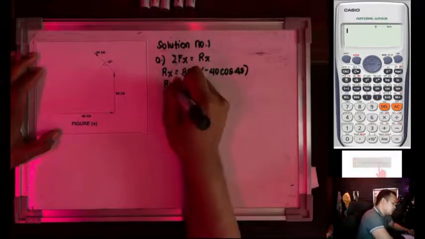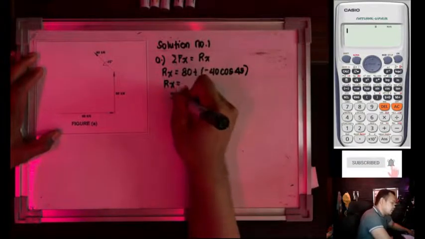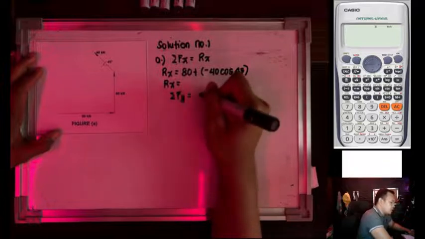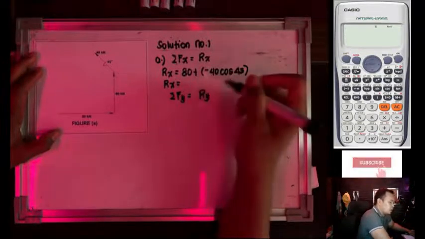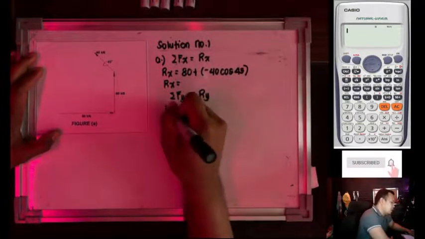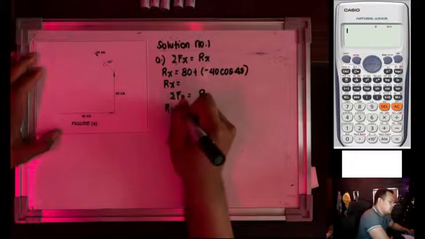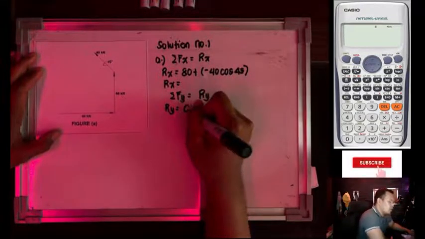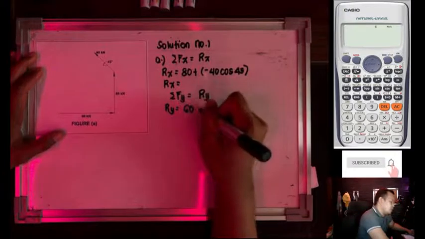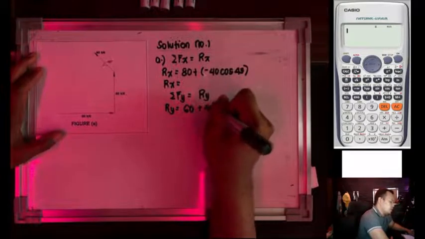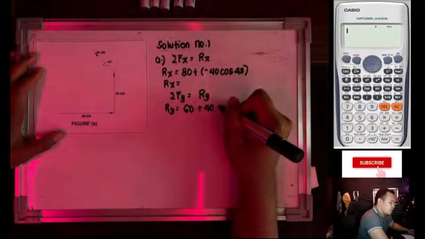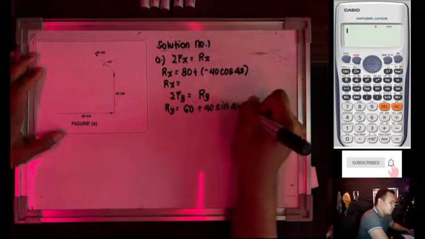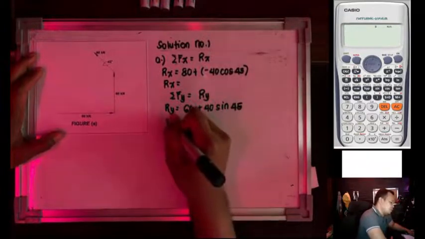Then summation of forces y is equivalent to Ry. Ry is equivalent to 60 kilonewton going up plus 40 kilonewton sine 45.